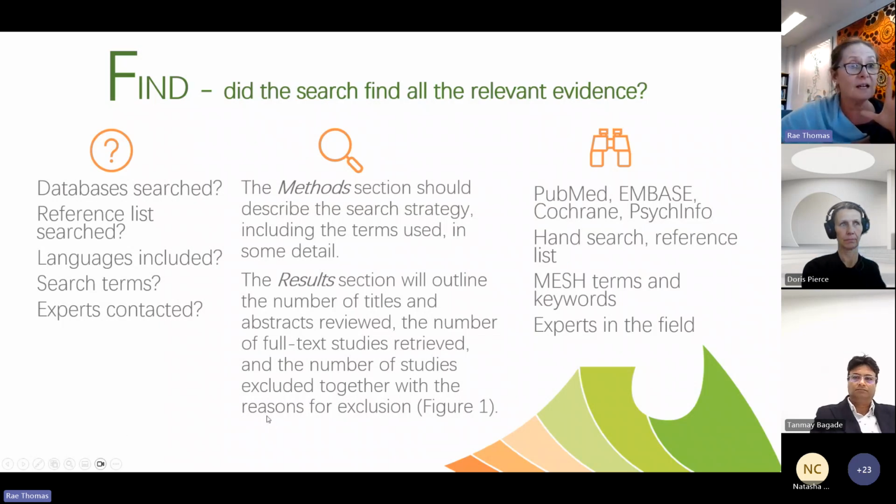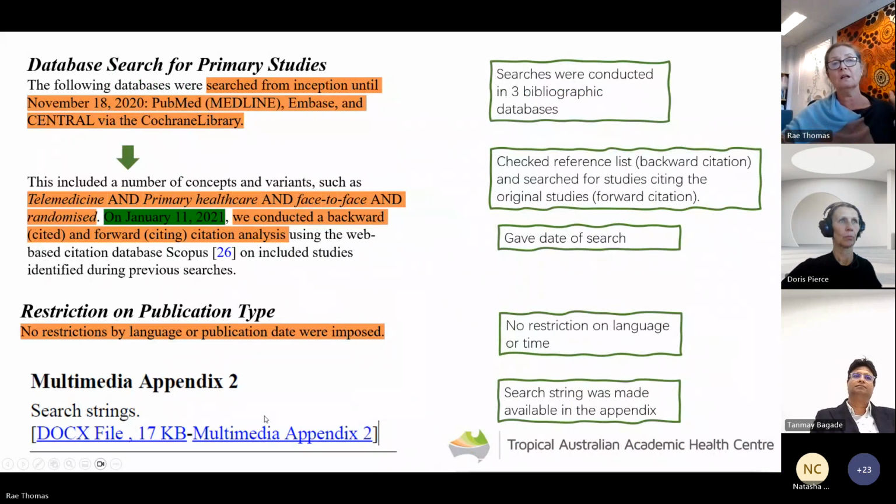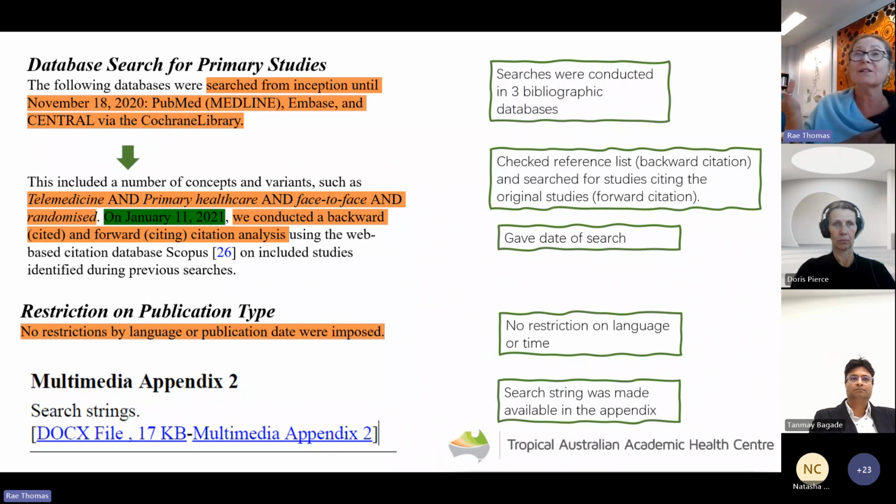So let's see what this study actually did. On the left-hand side, I have quotes from the study, and on the right-hand side, I have my interpretation according to FAITH. So if I'm looking at Find, did they find the studies? On the right-hand side, they searched 3 bibliographic databases. And I can tell that because they have a lovely heading for me called Database Search for Primary Studies, and they've told me they've searched PubMed, Embase, and Central from the Cochrane Library.